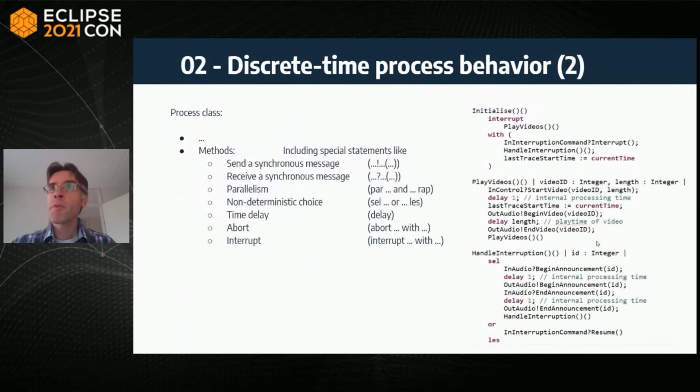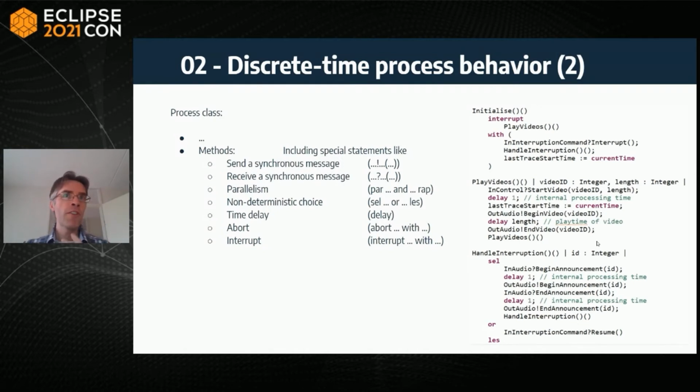If you continue looking at a process, then you specify so-called methods. And here at the right-hand side, you can see 3 examples of methods, also things from the video. And inside these methods, you will probably see a lot of statements that you recognize from many of the programming languages that you may be familiar with. But there are also a couple of statements that may be a bit more special, and I'd like to give some attention to these.